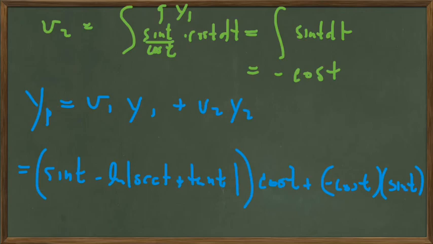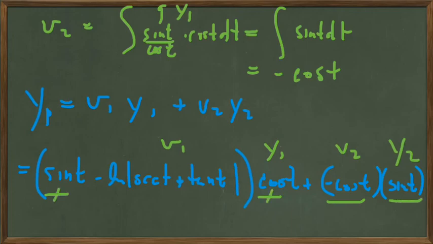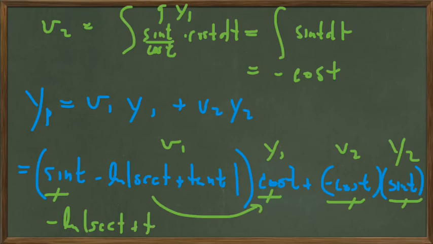This is the v1, this is the y1, this is the v2, this is the y2, and you can see that the product sine times cosine is going to cancel out this minus cosine times sine, and so all we're left with is this product here. So yp is minus ln secant t plus tangent t, multiplied by cosine t. And so let's box that in.